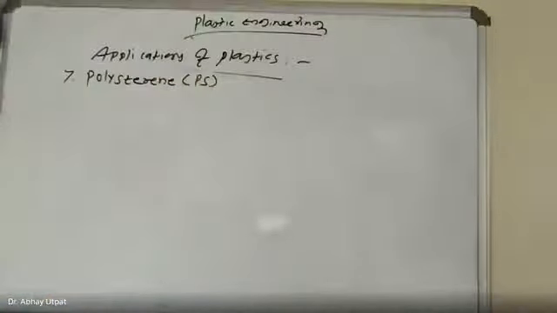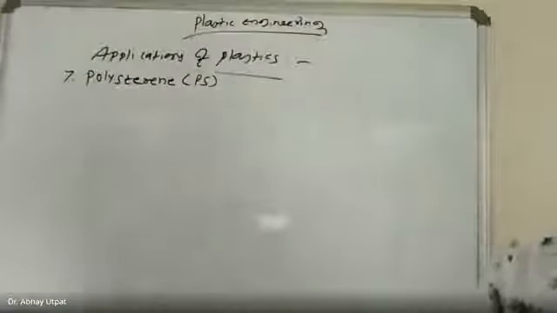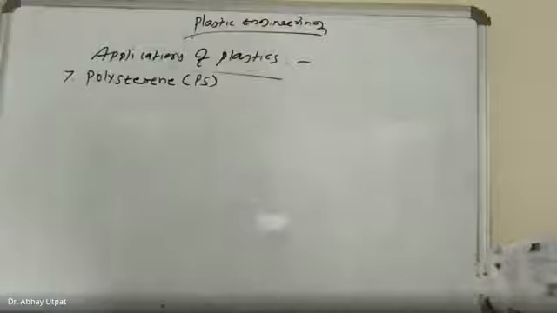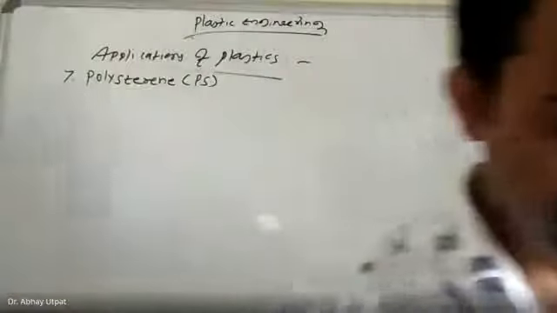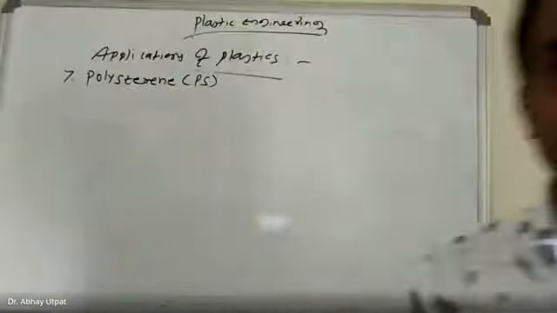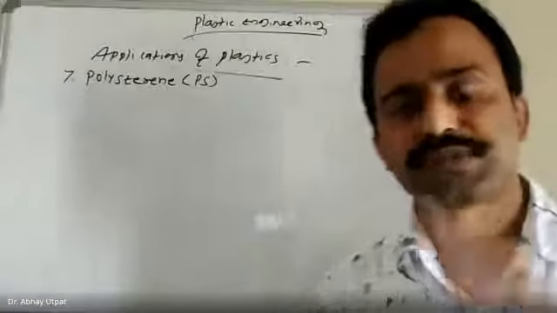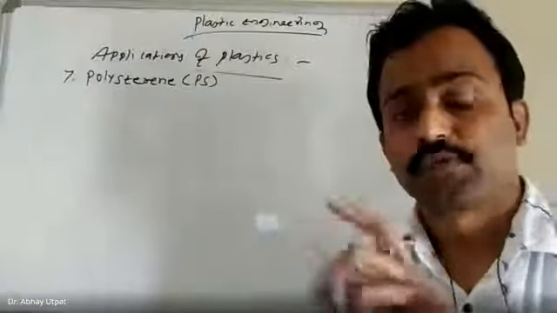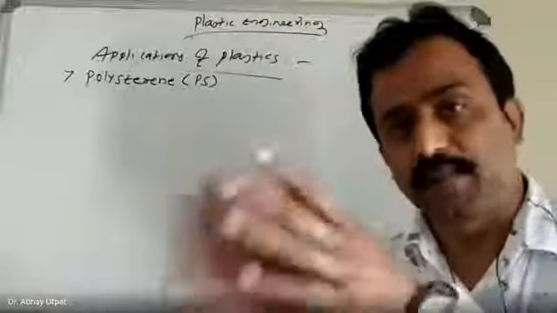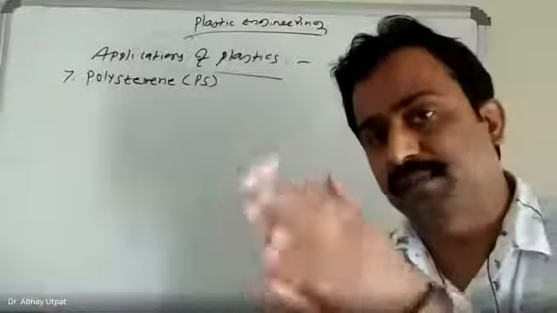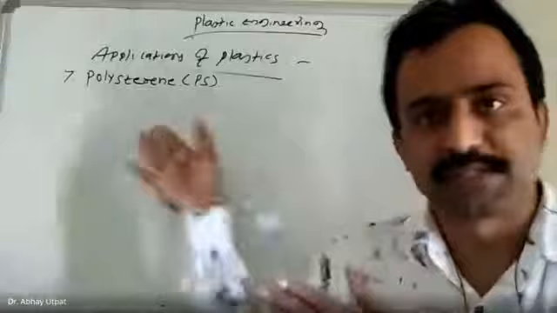Polyester is different. Polystyrene is different. Polystyrene is used for food containers, foams, and packaging foams. You have seen thermocol. Thermocol is different, and the plastic type you observe as thermocol is polystyrene.